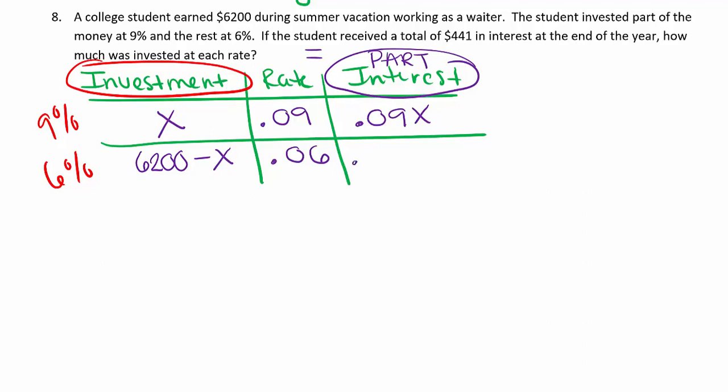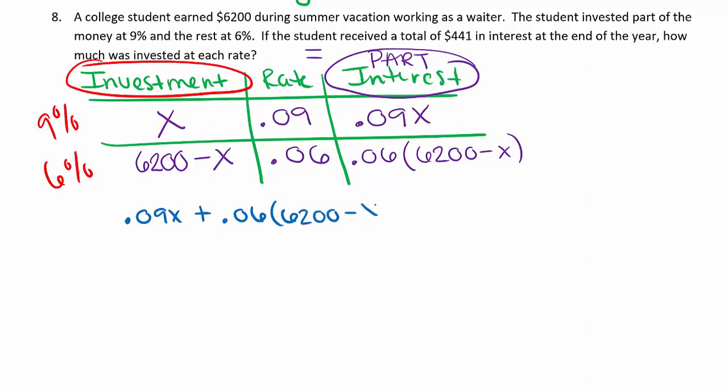So then the interest earned in the second account would be 0.06 times (6,200 minus X). Now for my equation, if I add together those two interests, the things in that last column, the total amount of interest has to equal $441. So if I add those interests together, I get $441.